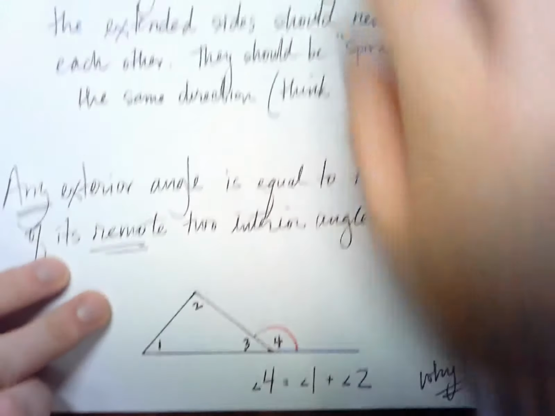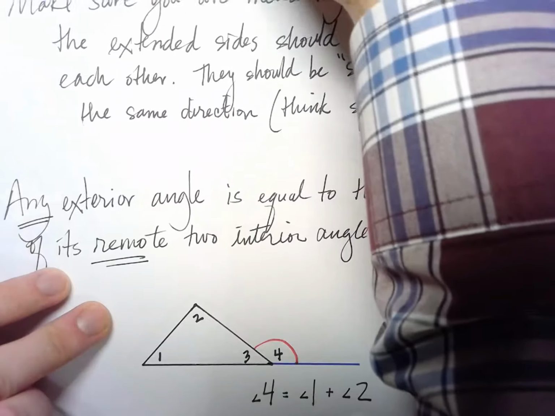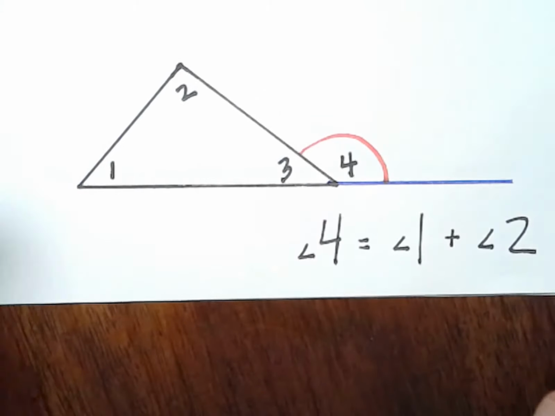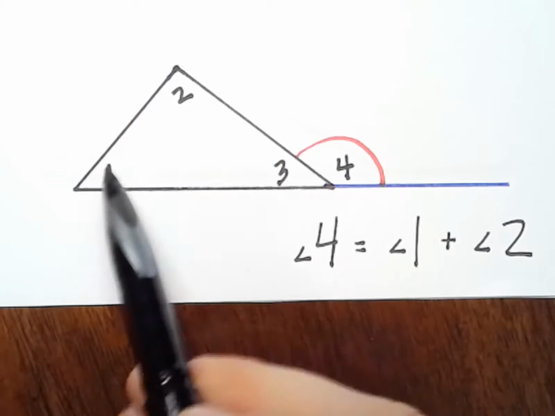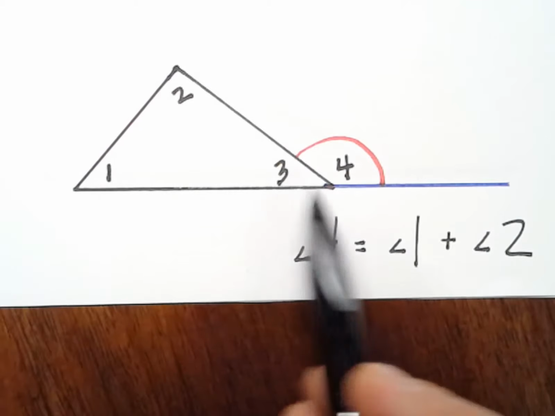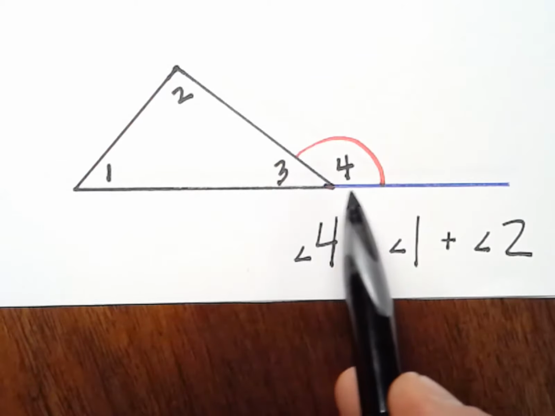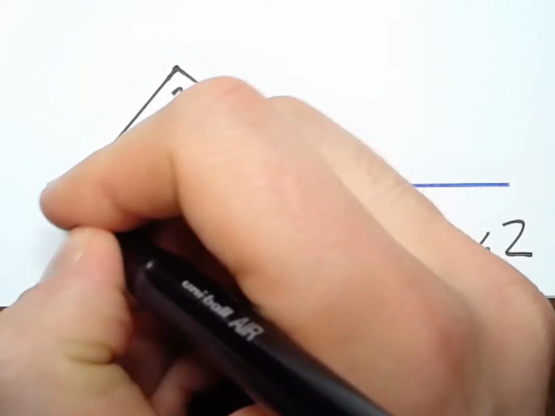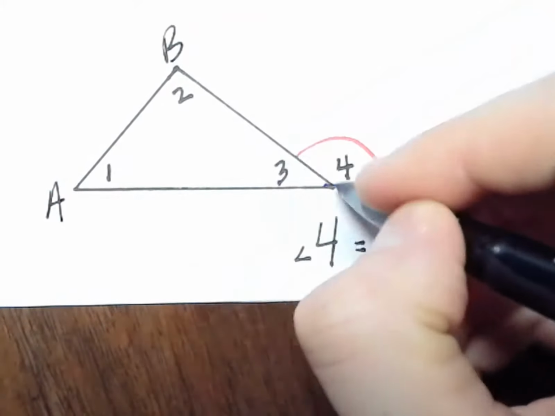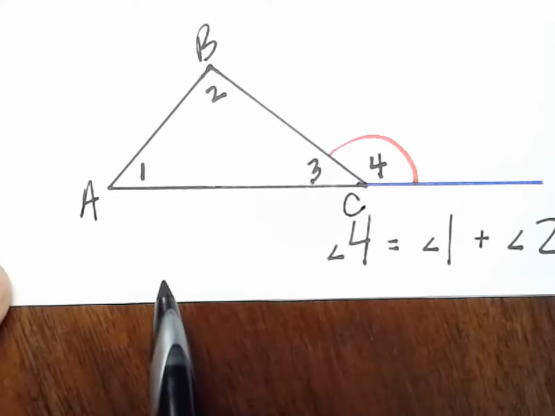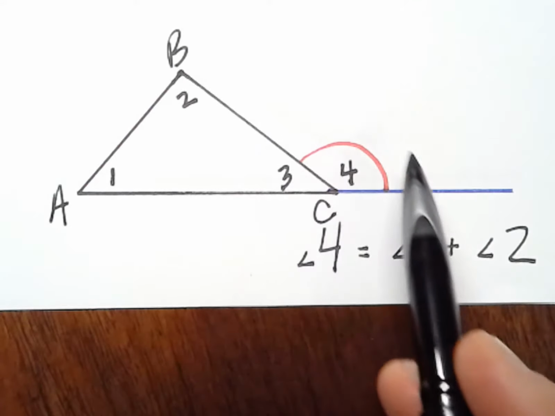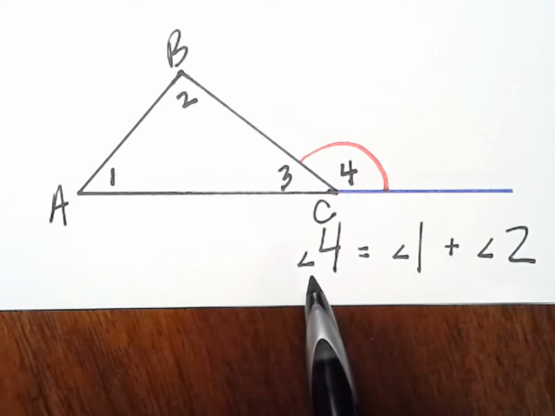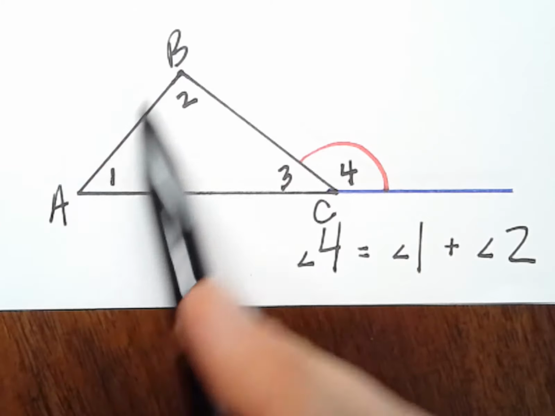If I have a setup like this, and here's my triangle with angles 1, 2, and 3, we can even call this A, B, and C. I can extend side AC out farther, and I create a fourth angle right there. And the measure of angle 4 equals the measure of angle 1 plus 2.